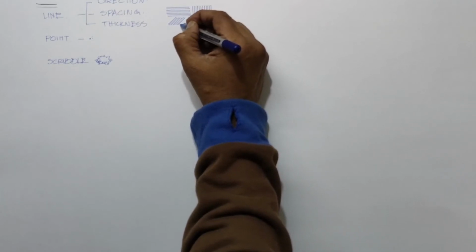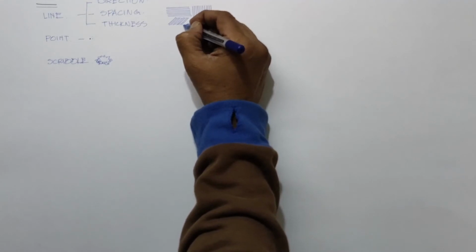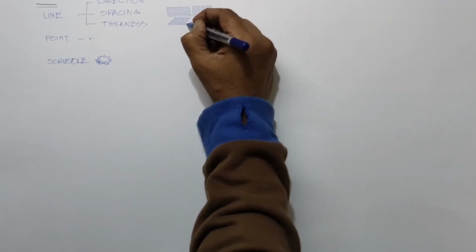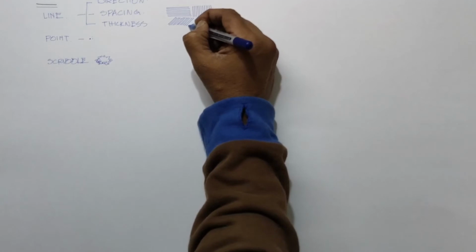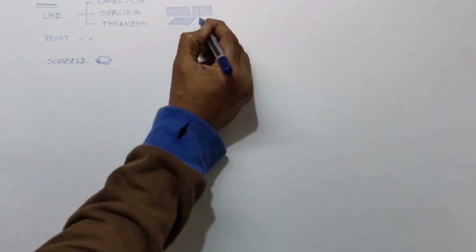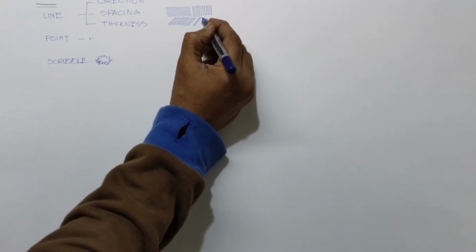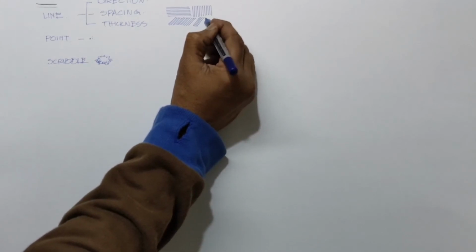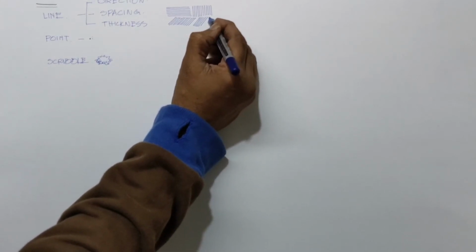So these are the hatching in three different directions. If I draw the same, see I am drawing these lines with the same spacing and angle, they are parallel to each other.